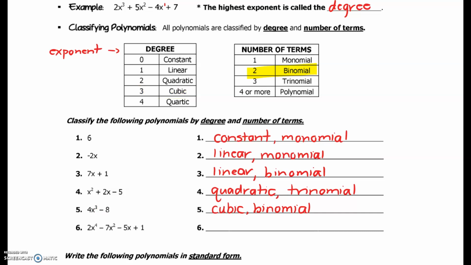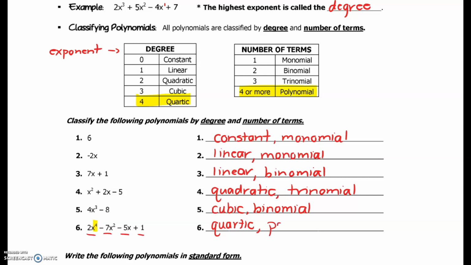Last but not least, we have number 6. Highest exponent is a 4. 4 is known as quartic. So quartic would be the first classification, and then there are 4 terms. Anything with 4 or more terms we consider a polynomial.